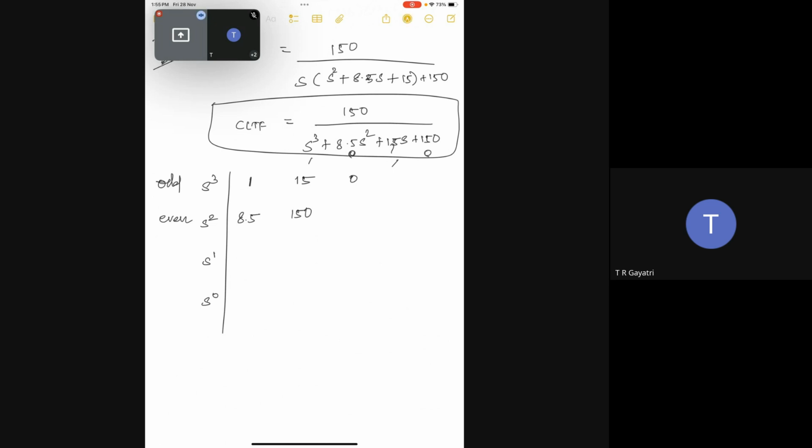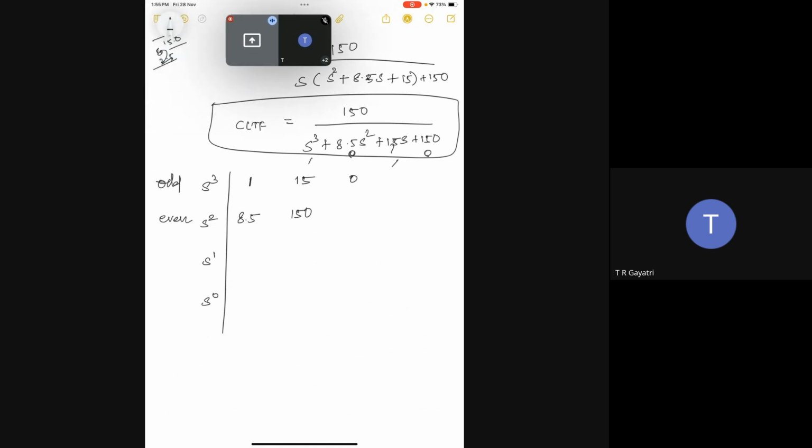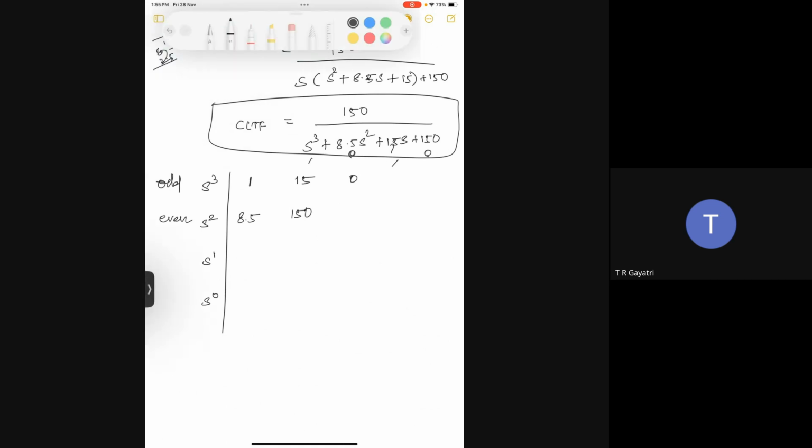How do we do the Routh-Hurwitz array? First we will multiply this and we will multiply this, and both of it will be subtracted and divided by this 8.5. So it will be 8.5 into 15 minus 150 into 1, divided by 8.5. So how much will this give?